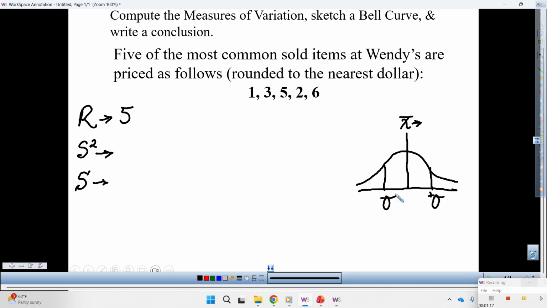What did you get for the mean? 3.4. Oh yes, 3.4. Not bad.